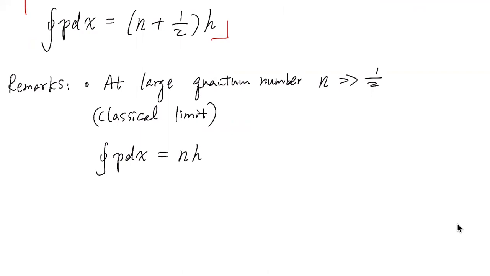And this is exactly the Sommerfeld quantization. So the Sommerfeld quantization condition is almost right, but not quite. Qualitatively, it gives you the big picture of the quantum mechanical system. Especially if the quantum number is very large, this semi-classical quantization condition can give you very good results.